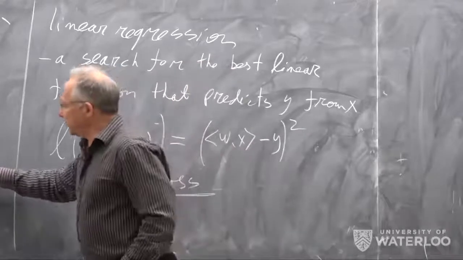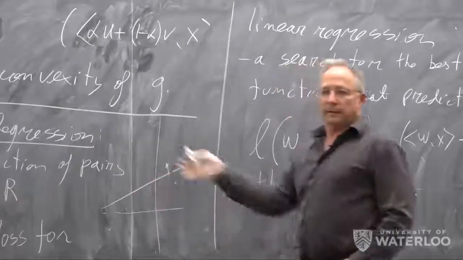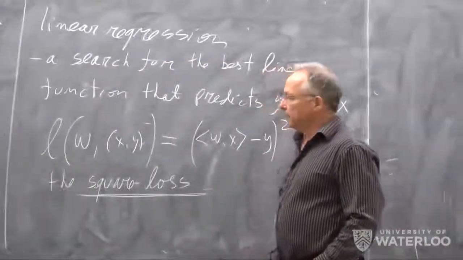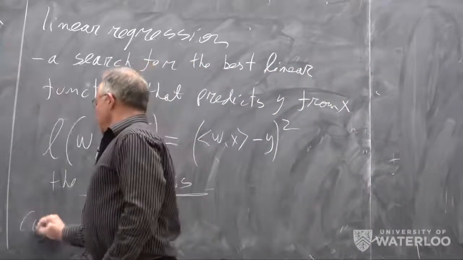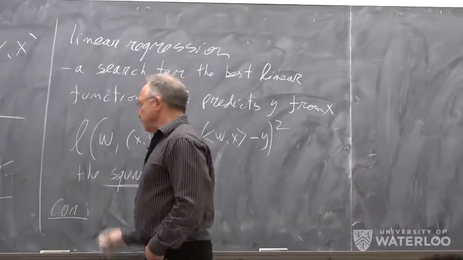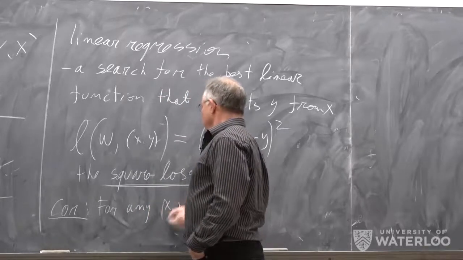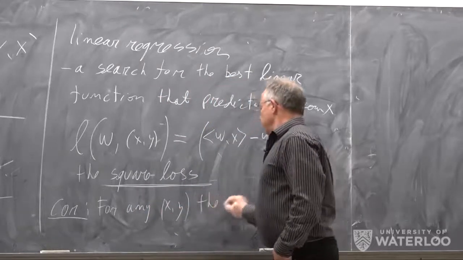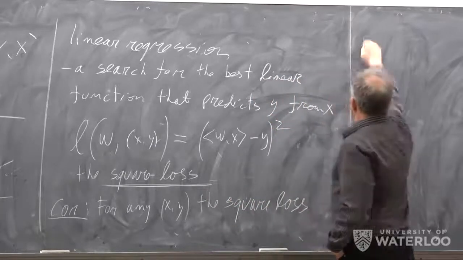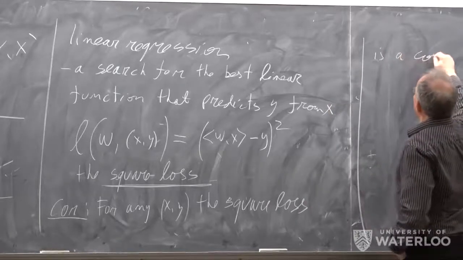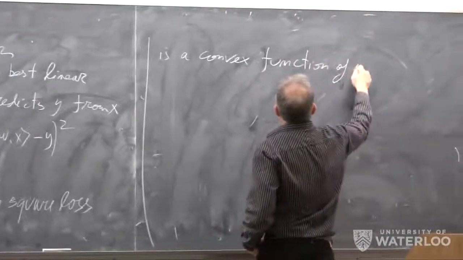So for every point, I look at the square loss, and I'm trying to find the linear predictor that minimizes the sum of squares. And my claim is now, the corollary from what we did so far, is that for any x, y, the square loss is a convex function of w.